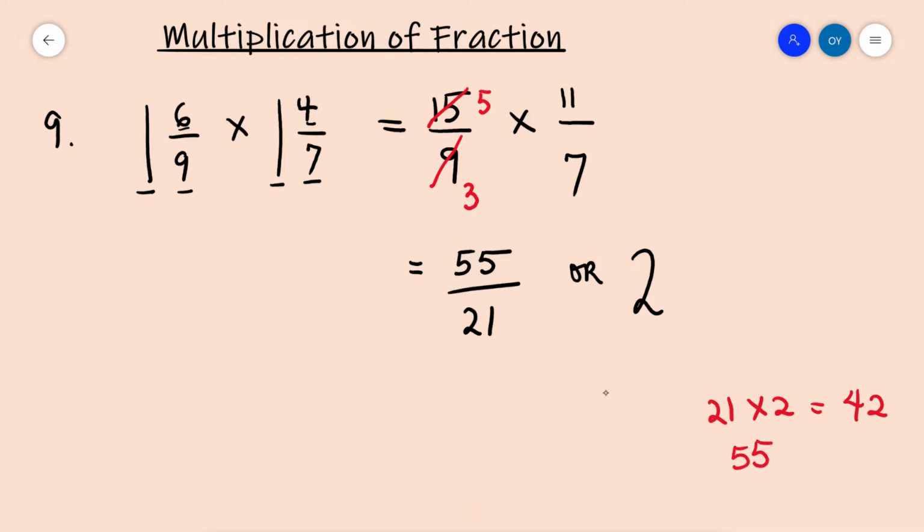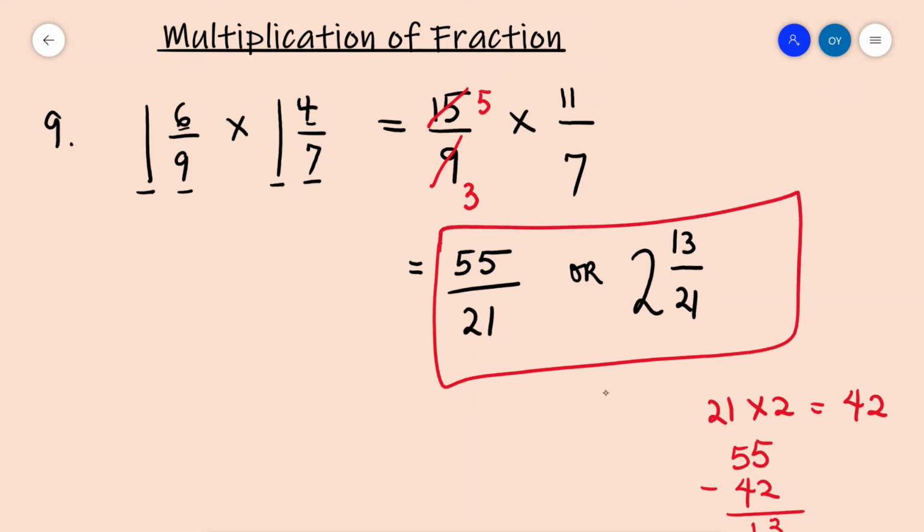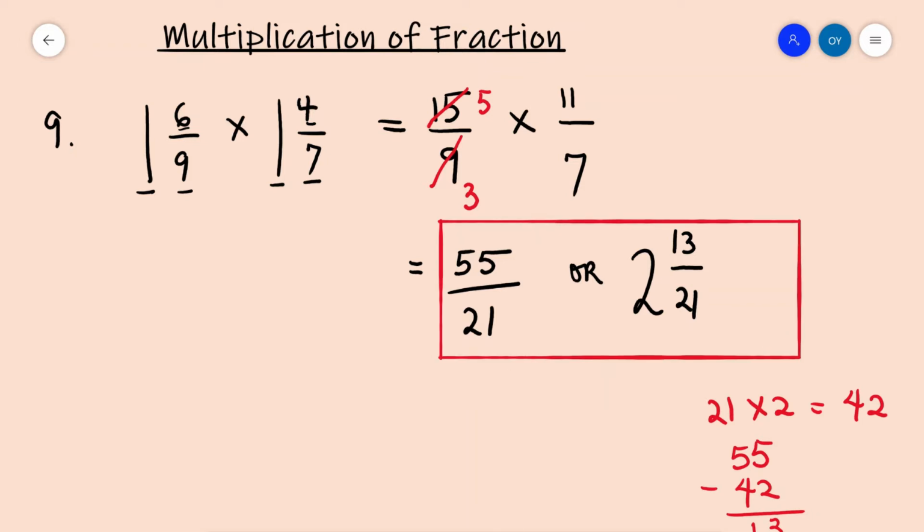And so we subtract 42 from 55. We have 13 there. So that is 2 whole number 13 over 21. Both answers are correct.